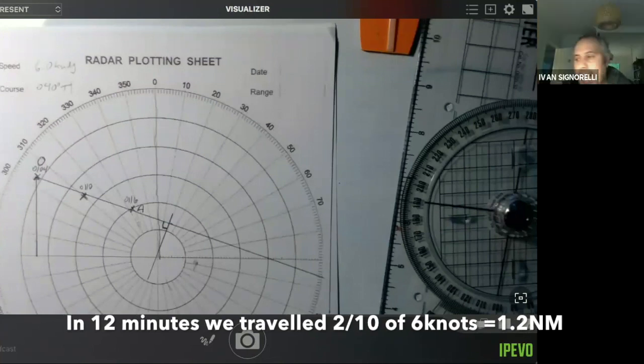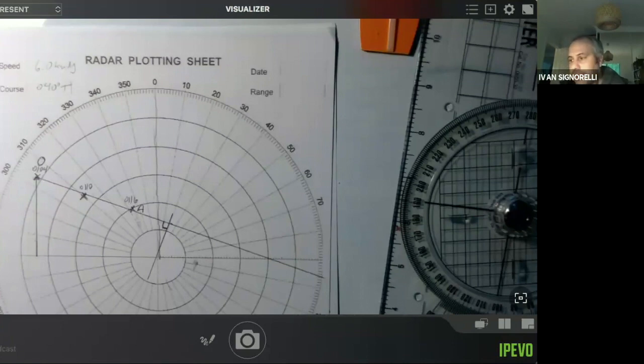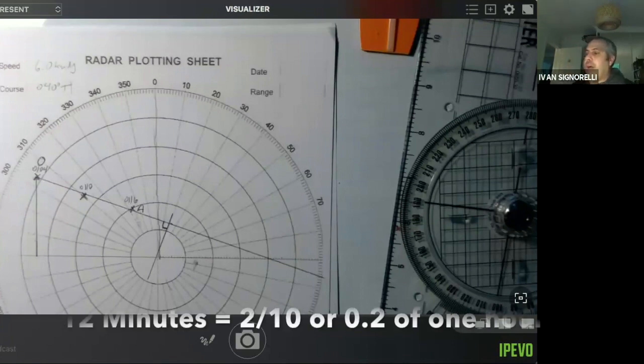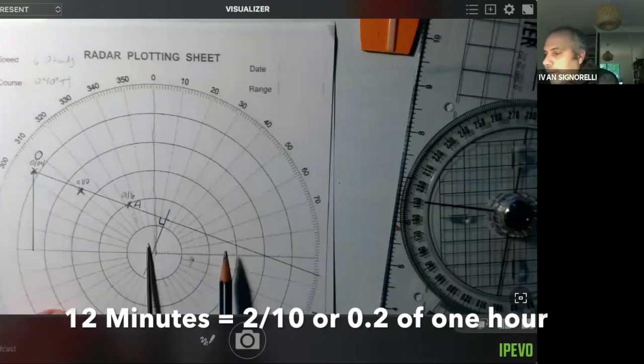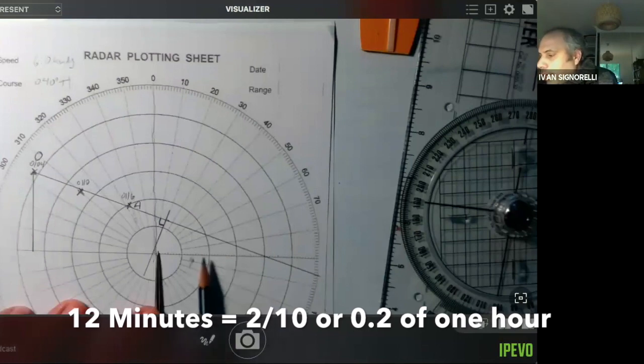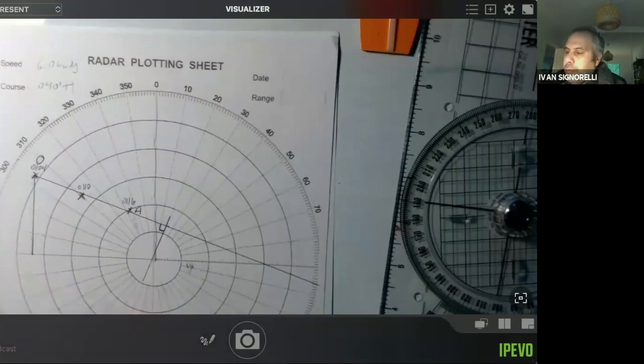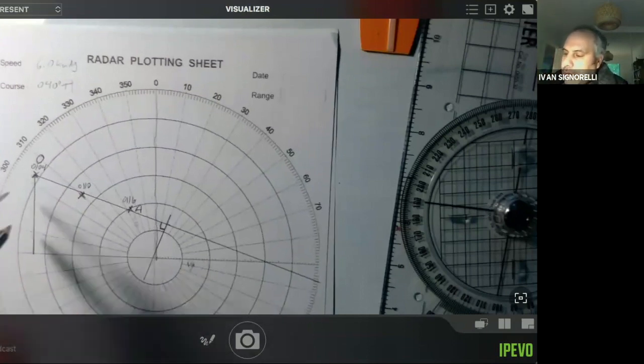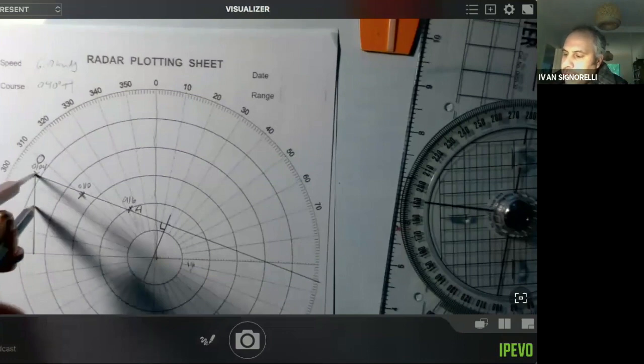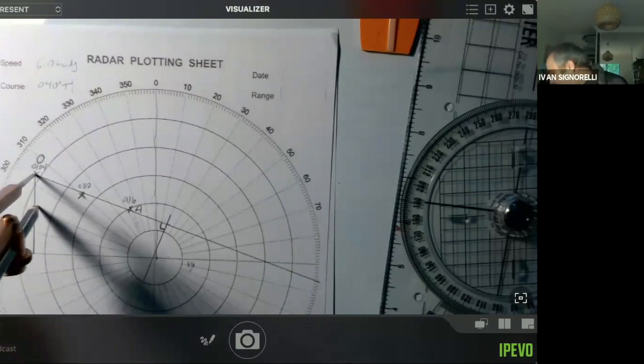So what we're going to do now, guys, is take our divider again and measure 1.2 miles here. And we're going to mark those 1.2 miles on that course that we drew, like that.